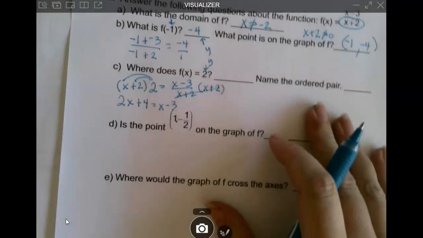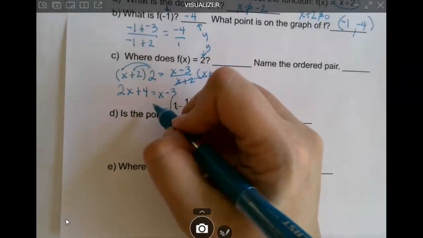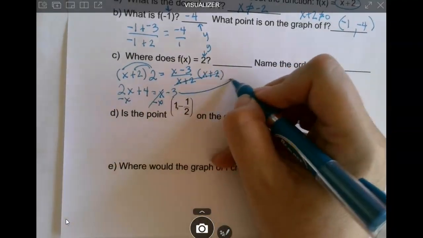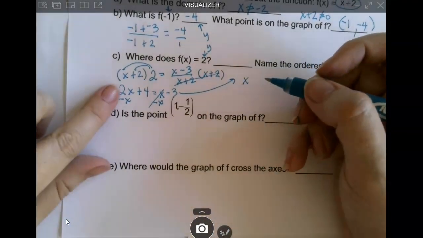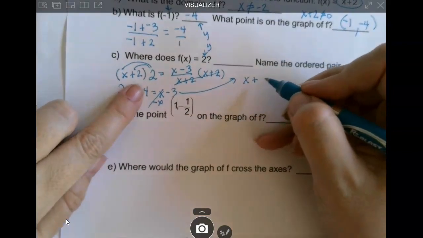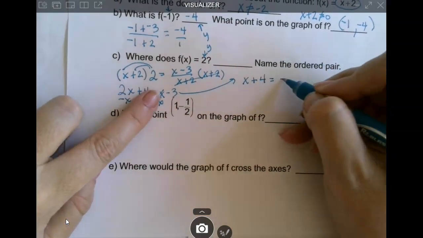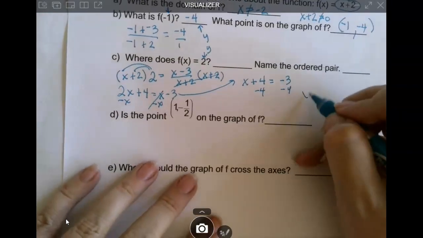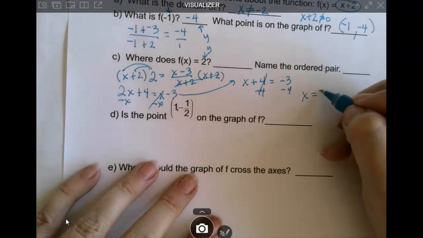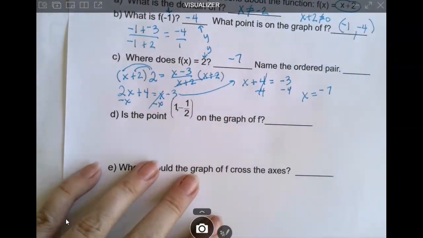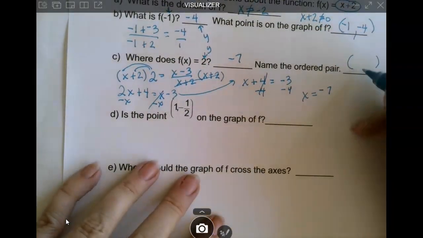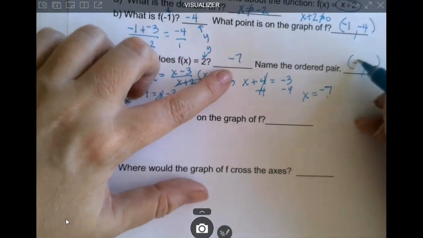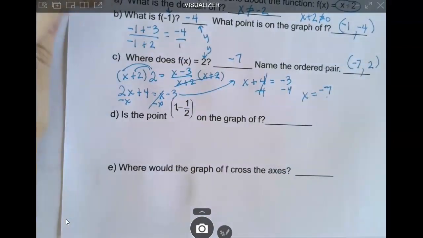Now this is just a little algebra problem for us to solve, so we're going to minus the x. And so this gives me x plus 4 equals negative 3, minus the 4 on both sides, and I get x equals negative 7. So I got negative 7, and then once again they just want me to remember that this is really a whole point. So here, x is negative 7 and y was 2.